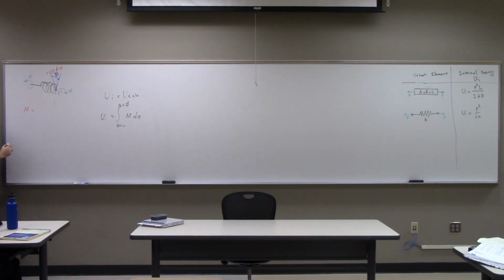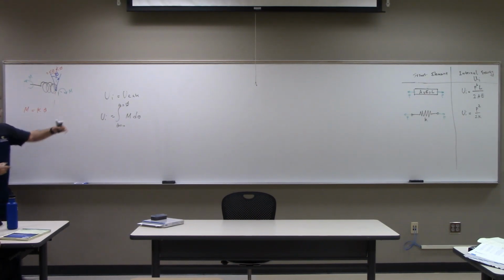Moment is equal to k times theta. Exactly like the linear spring. The linear spring says force is equal to k times deflection x, or delta x. Here we say moment, because the torsional analog to force is moment. So moment is equal to spring constant times theta.